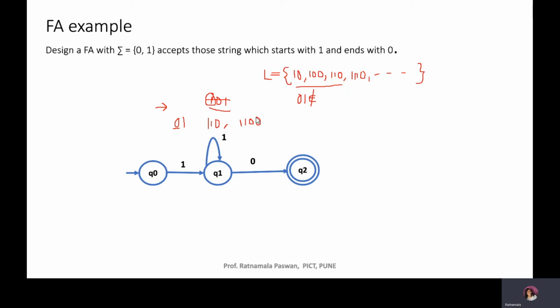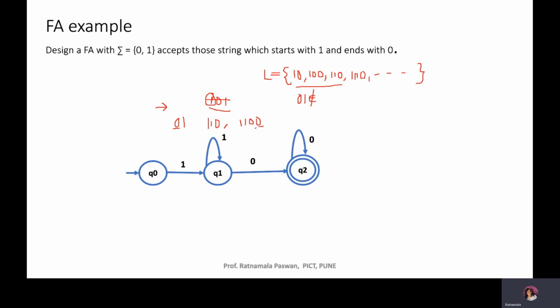As you can see, for the first two symbols 1, then next 0, the process reaches Q2, but there is no transition for the last 0, right? So we need to consider a transition from state Q2 on any further zeros. It must stay in the same state.